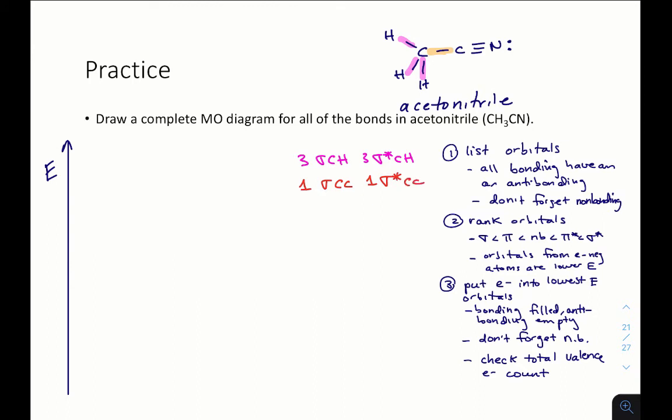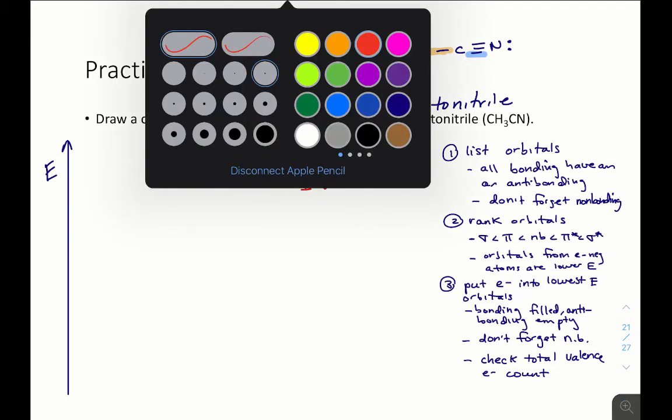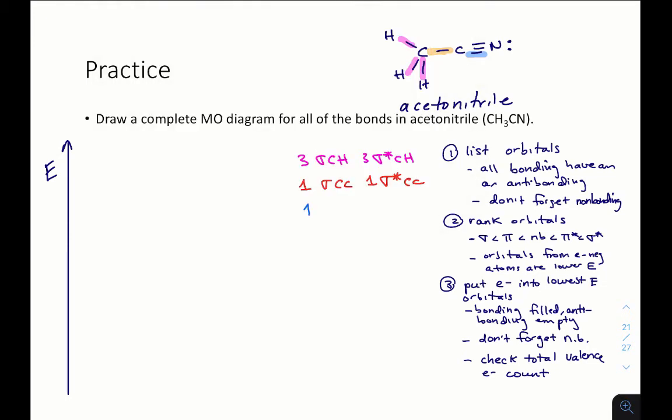We will now move to the triple bond of acetonitrile. The first bonding interaction that we will consider is a sigma bonding interaction. So there is one sigma CN orbital and one sigma star CN orbital formed when the sp orbitals of carbon and nitrogen come together to make that bond.